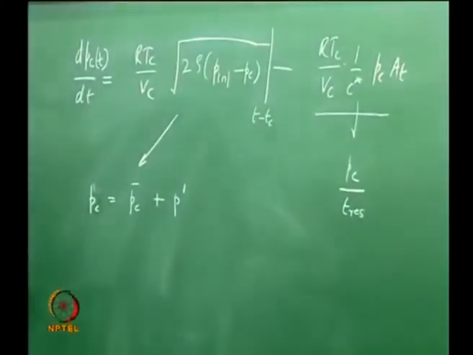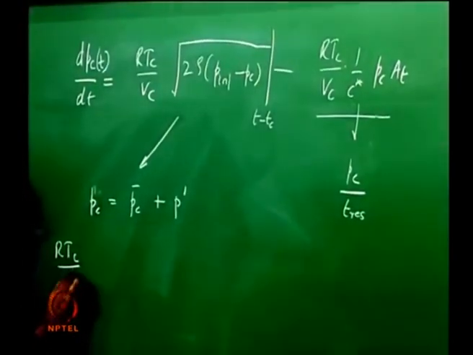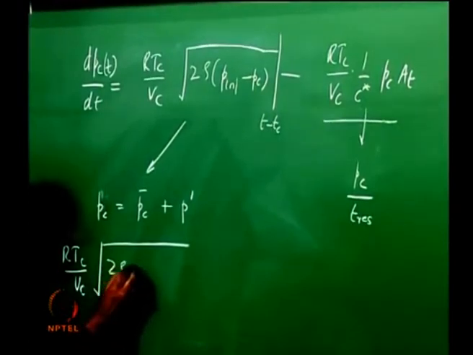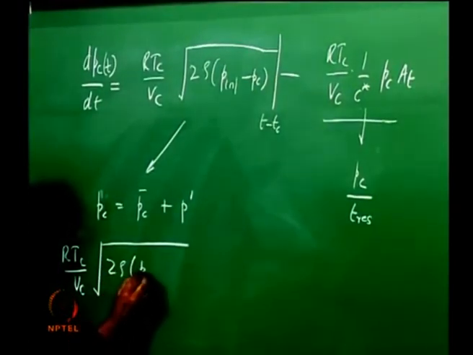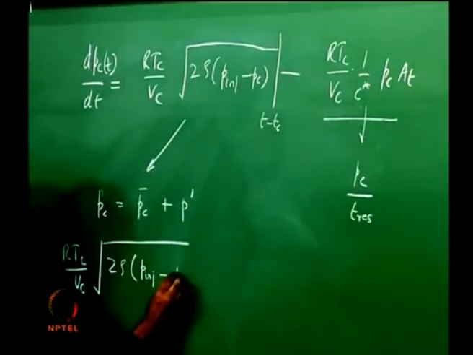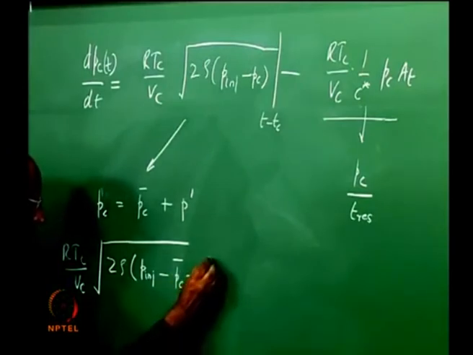Therefore I can write this expression now as RTc by Vc into under root of 2 rho into P injected minus Pc bar, the steady value, minus P prime.